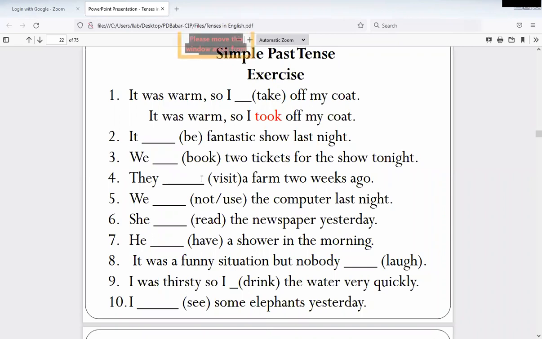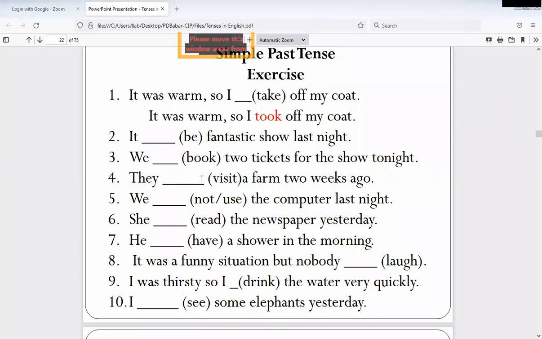Yesterday is the time showing expression for the past tense, which shows an action that happened in the past.